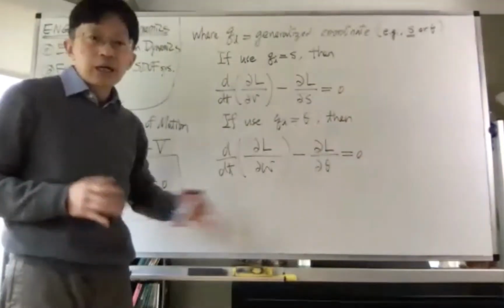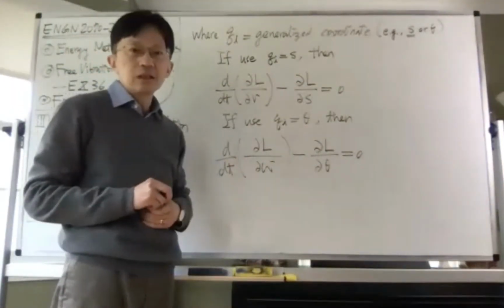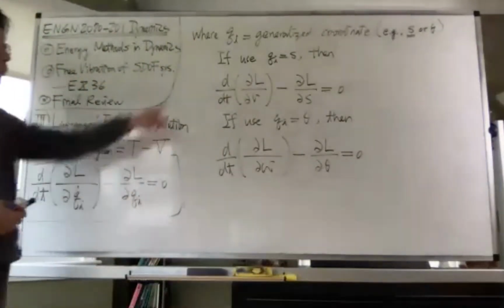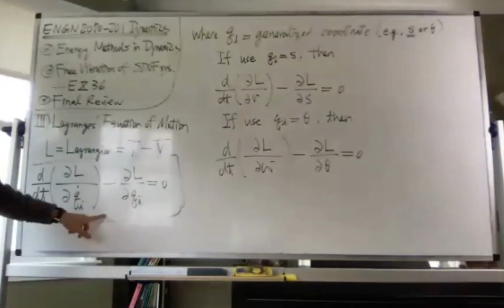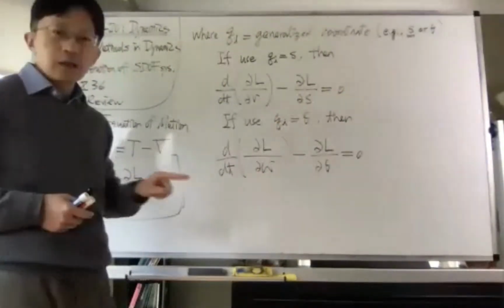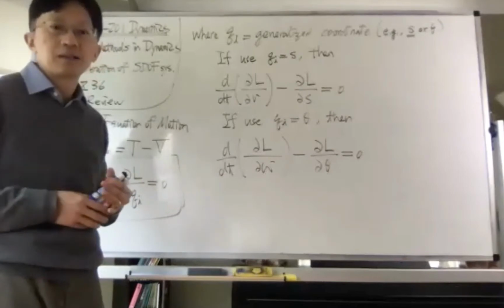That means it can be whatever displacements you want to consider, either linear or angular. Therefore, he combined these two equations into one form. As long as you follow this definition, you can apply it to angular motion, linear motion, or general motion. You can put these two combined together.